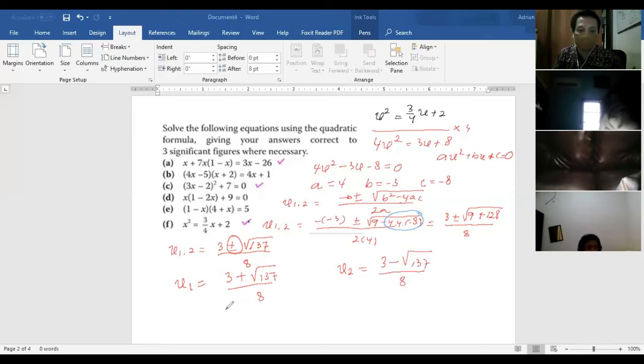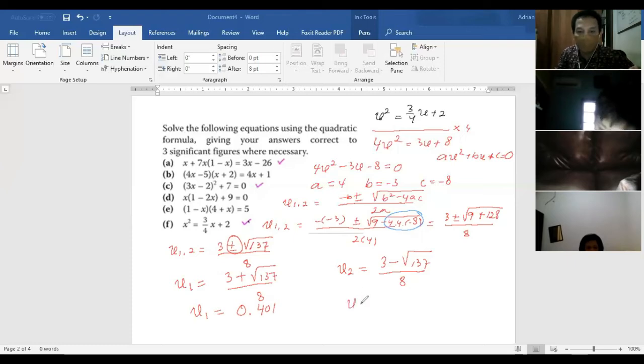Everyone, so x1 is, you can use calculator, root of 137. Use your calculator. Root 137 is 11.7, divided by 8. Okay, the answer is 1.401.